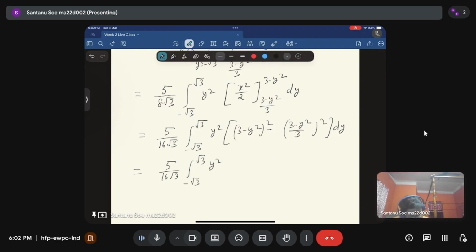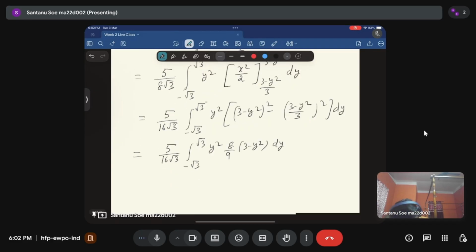So now this is (3 minus y square)/9, and if you take common of 3 minus y square, it is going to be 1 minus 1/9, which is 8/9. So this is going to be 8/9 into (3 minus y square) dy.